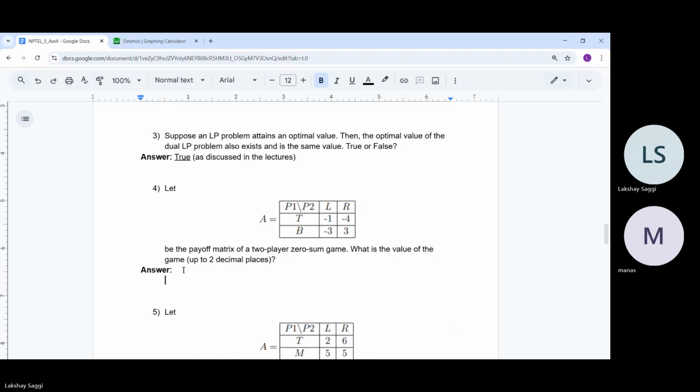Let y1 comma y2 be the probability distribution for the row player.